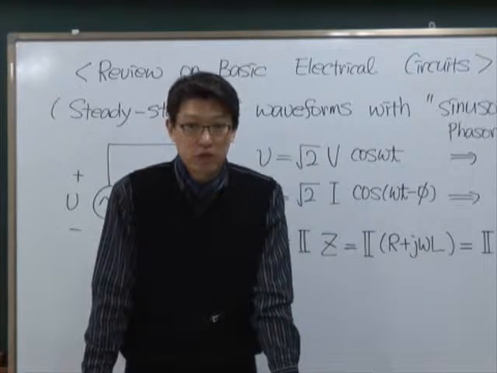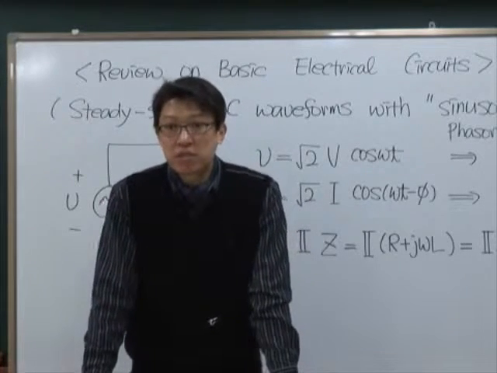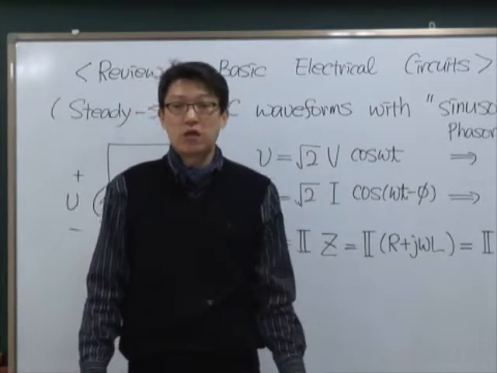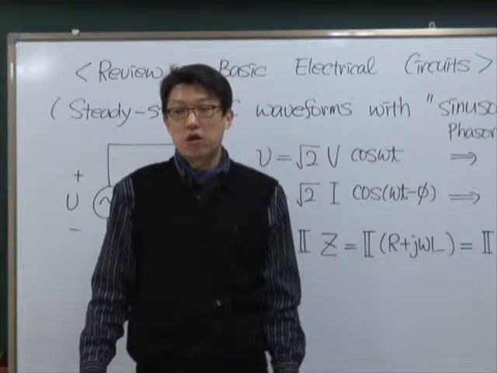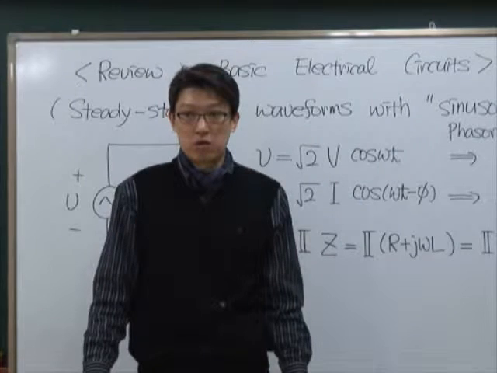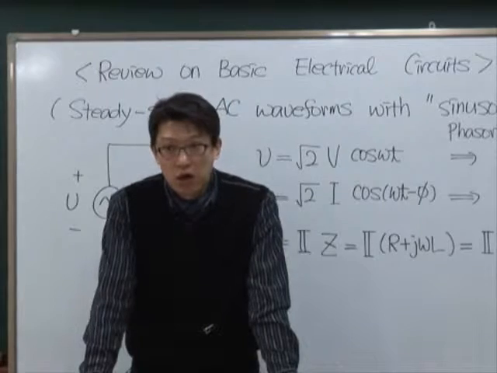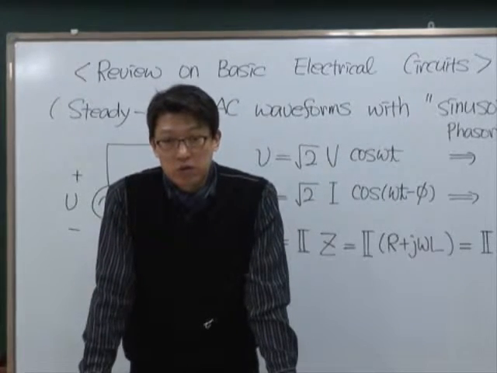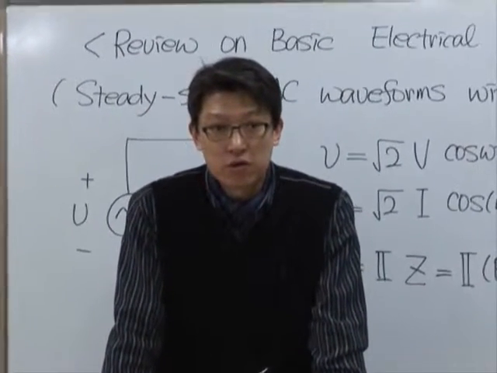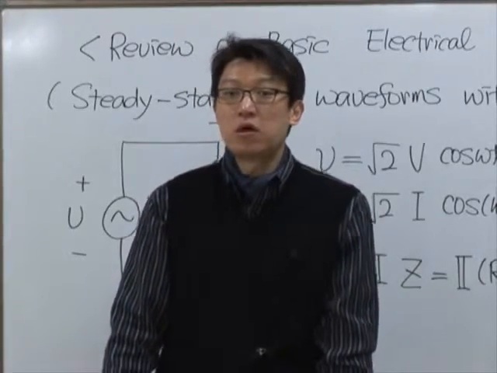Additivity and proportionality hold for linearity. In a linear system, if the source voltage is sinusoidal, then the current and voltage at any place are sinusoidal. In a linear circuit, if the source itself is a sine wave, then the voltage or current at any point, or any mesh current, is a sine wave. That is the characteristic of a linear circuit.